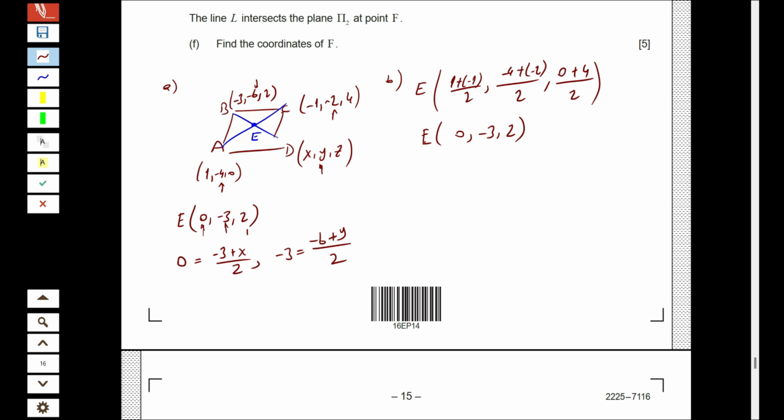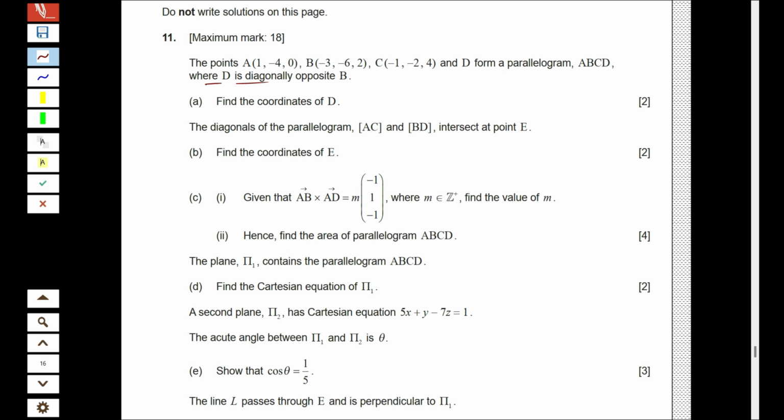And the z coordinate is going to be 2 equals (2 plus z) over 2, you can say. From here, you can see the x of point D will be 3 from this equation, and y will be 0 from this equation, and z will be 2. Yeah, (3, 0, 2) is point D.